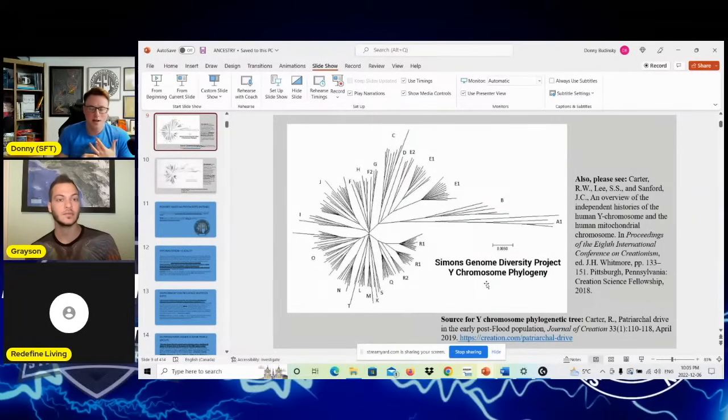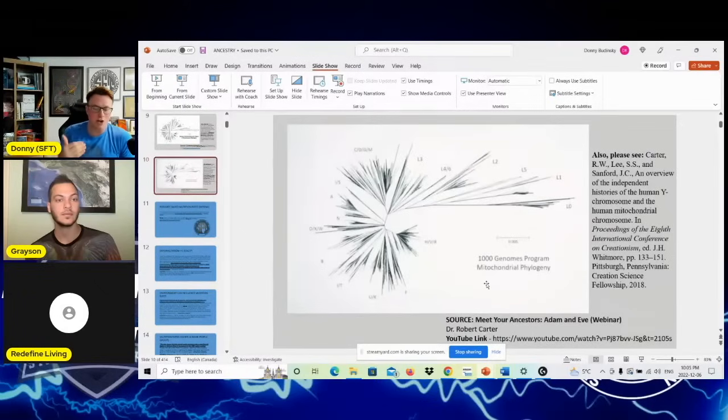Okay. First thing I want to say is I am arguing, and we can leave it up to the audience, your differing size branches in your various haplogroups, whether it's the Y chromosome or the mitochondrial DNA, tells us empirically that mutation rates are variable.